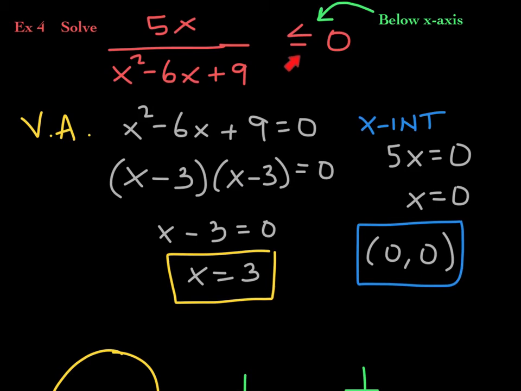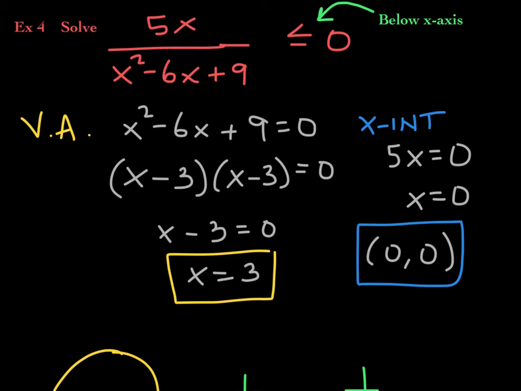That means I'm supposed to put a bracket on my endpoint as long as it's an x-intercept, right? You cannot put a bracket on a vertical asymptote. You can only put a bracket on an x-intercept when this is non-strict. Okay, everybody? It's non-strict, so I can put a bracket on my x-intercept.